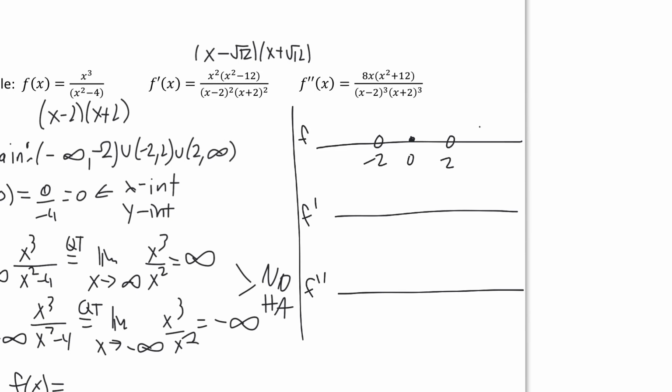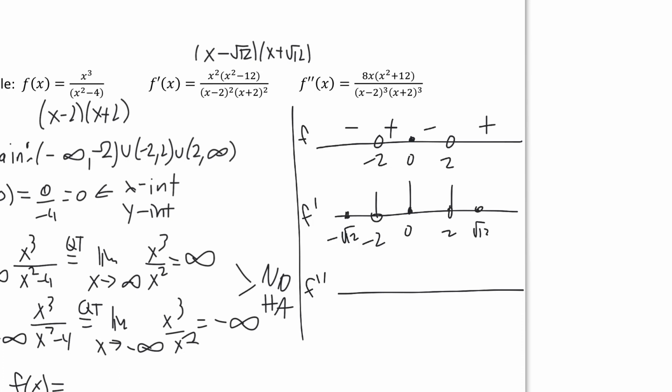We're going to get positive, negative, positive, negative. For f prime, we've got 0 at 0. That's going to be even. We've got it undefined at 2 and negative 2. Those are also even. And then we've got more zeros at root 12 and negative root 12, which is a little bit more than 2. So we've got those as well.